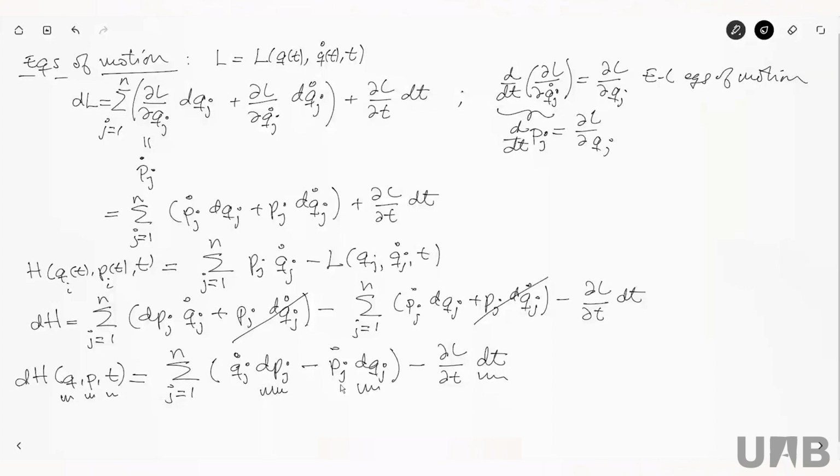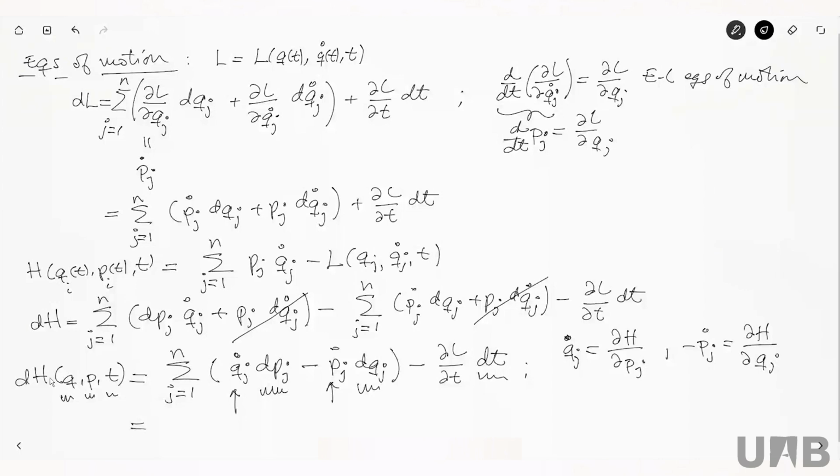Now I can really identify each and every one of the terms because the variables are the right ones for the Hamiltonian. So this means that this guy here and this guy here necessarily have to be the corresponding derivatives of the Hamiltonian. So q dot j has to be the derivative of the Hamiltonian with respect to pj, and minus p dot j has to be the derivative of the Hamiltonian with respect to qj, right?